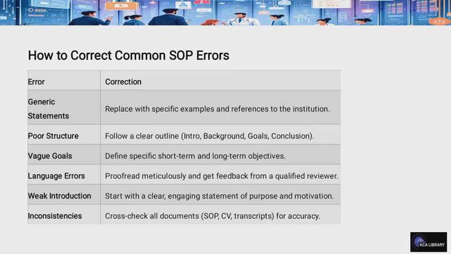For language errors, you proofread meticulously and get feedback from a qualified reviewer. For a weak introduction, you start with a clear, engaging statement of purpose and motivation. And when dealing with inconsistency, you need to cross-check all documents, SOP, CV, and transcript, for accuracy.